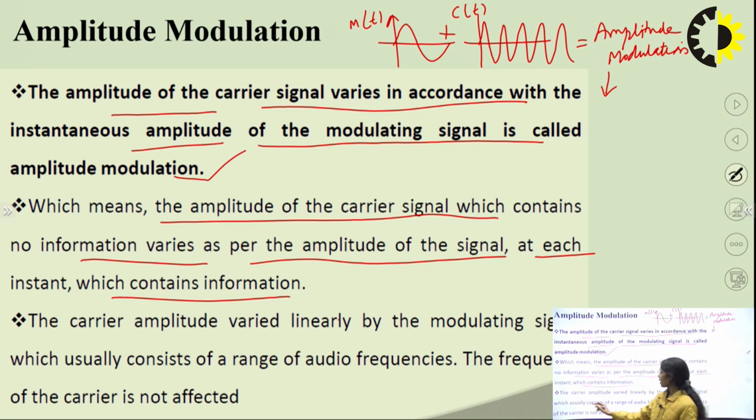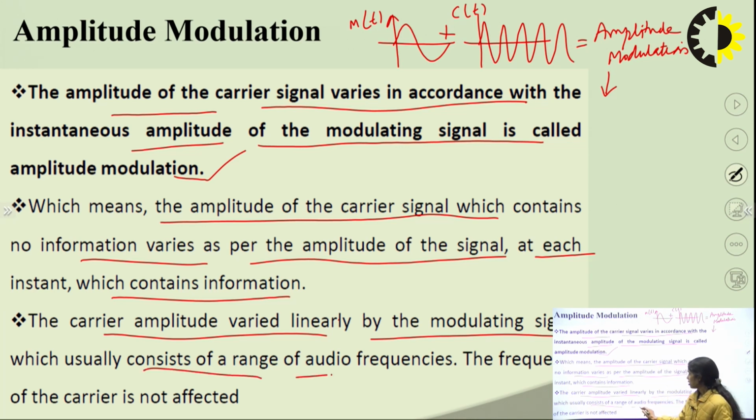The carrier amplitude is varied linearly by the modulating signal, but this does not affect the frequency of the carrier. The frequency of the carrier remains the same and it is propagated with the carrier frequency.